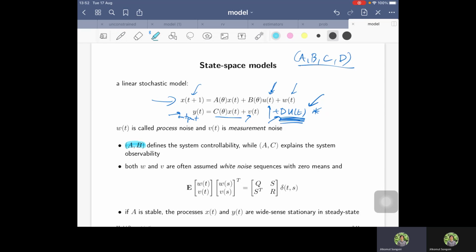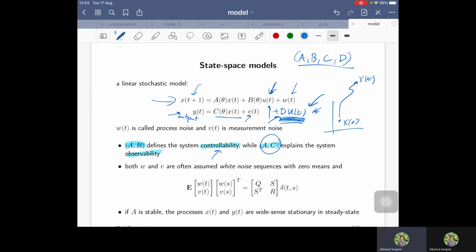The pair A and B will explain system controllability, and the pair A and C will explain the system observability. So controllability is a property of the system where you can drive the state variable from a starting point to be anywhere in the R^n plane by choosing appropriately the input signal. If you can always do that, we call that the system is controllable.